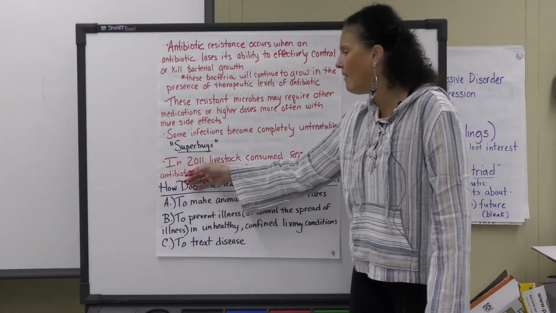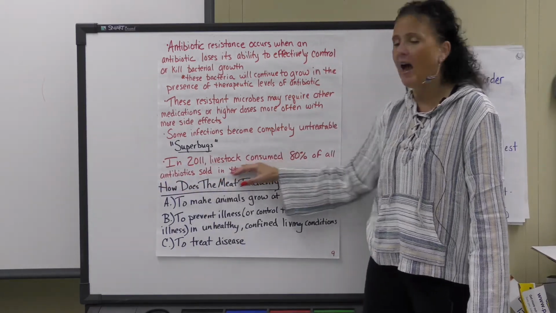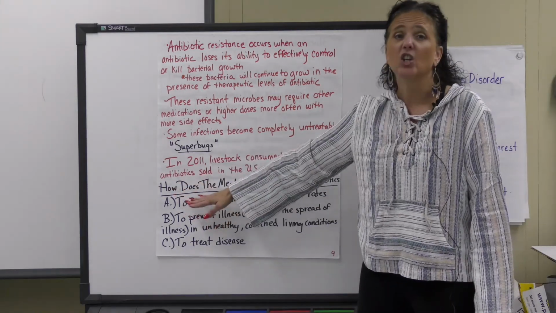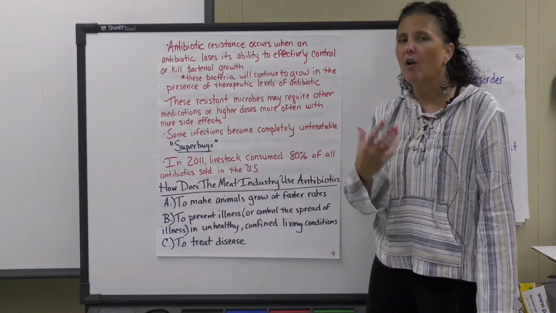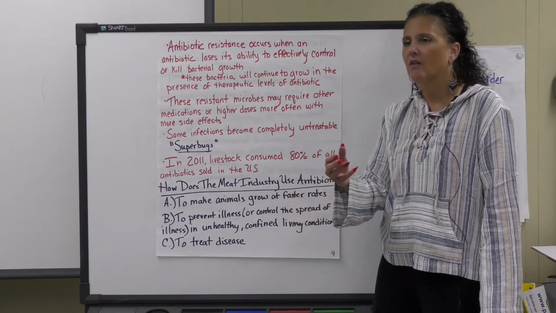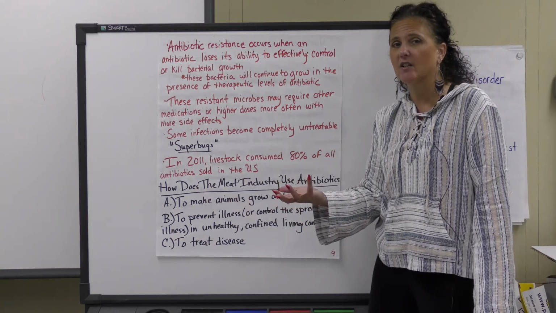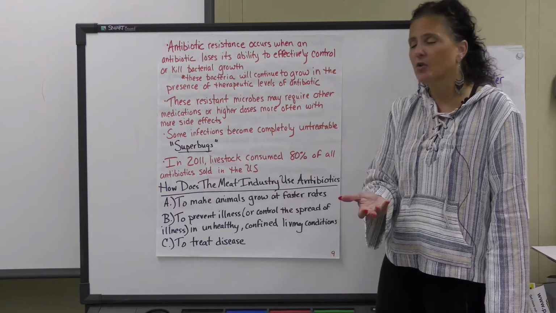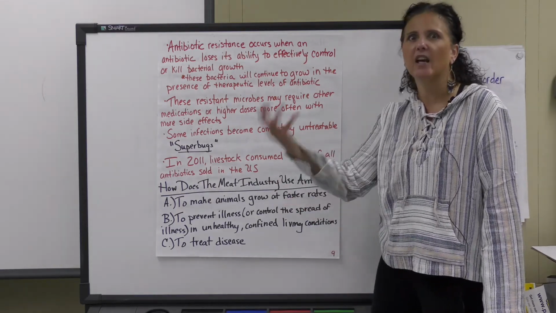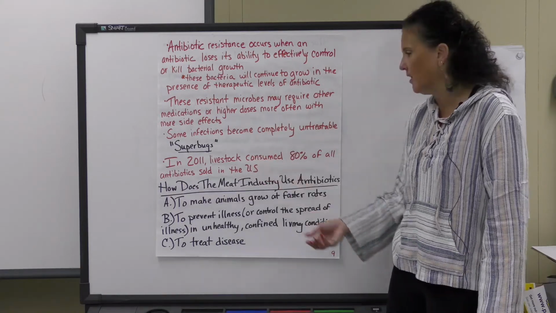In 2011, livestock in the U.S. consumed 80% of all antibiotics sold. That's a huge percentage. So you have all of this livestock out there with these antibiotics. Then we get a resistance in infections, and now we can no longer treat the infections, and humans are dying because these bugs have taken over where you can't kill them.